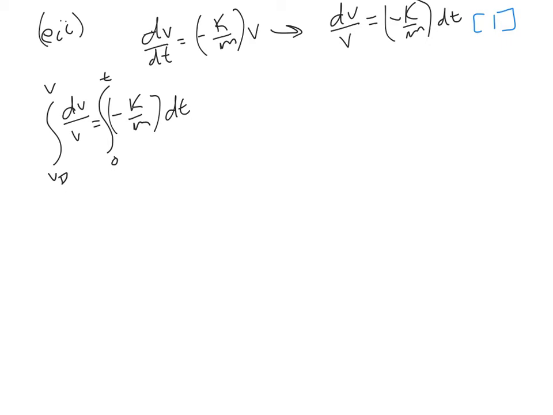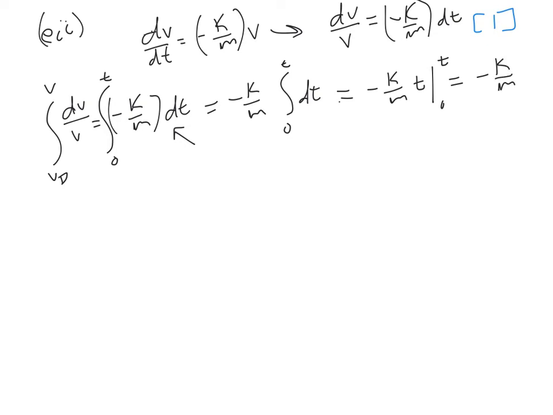Alright, and then we do this. The integral of this is just the same thing as writing -(k/m) times the integral from 0 to t of dt, which is just -(k/m) t, which is just -(k/m)t.